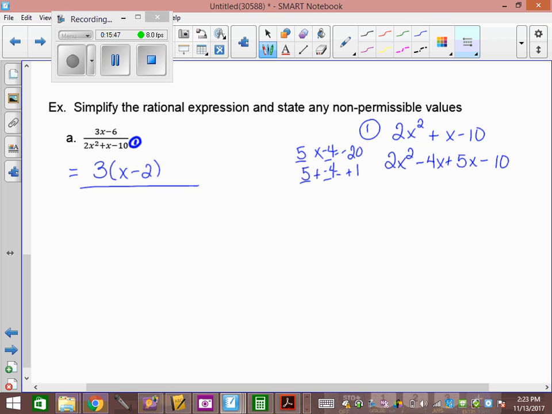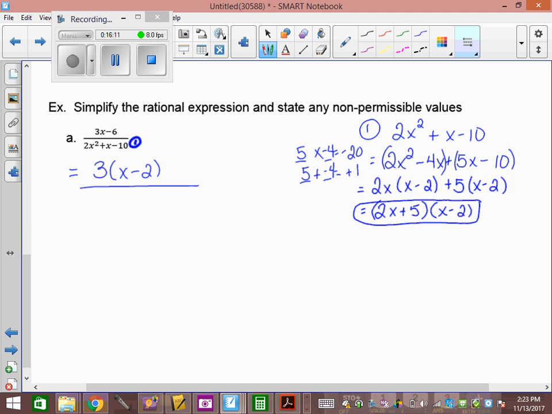No, but it's easier. Okay, then we group them. Take a 2x out of the first one. You're left with x minus 2. Take a plus 5. We're left with x minus 2. So I'm left with 2x plus 5 and x minus 2. Just take out a 5.